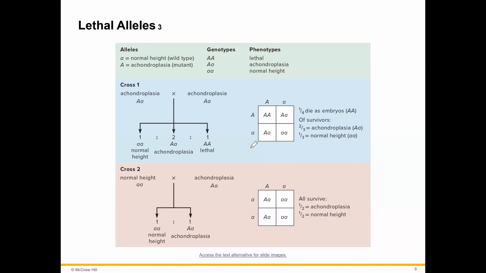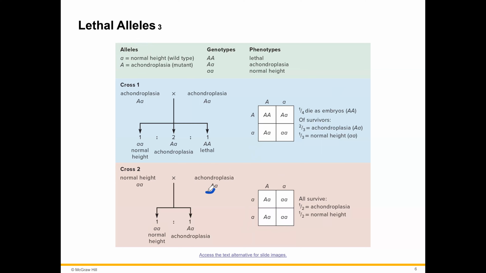How do we know it if we cannot study embryos? Well, we can use this cross when we have a person with normal height and a person with achondroplasia. We make a Punnett square, and this works because we don't have a lethal genotype.